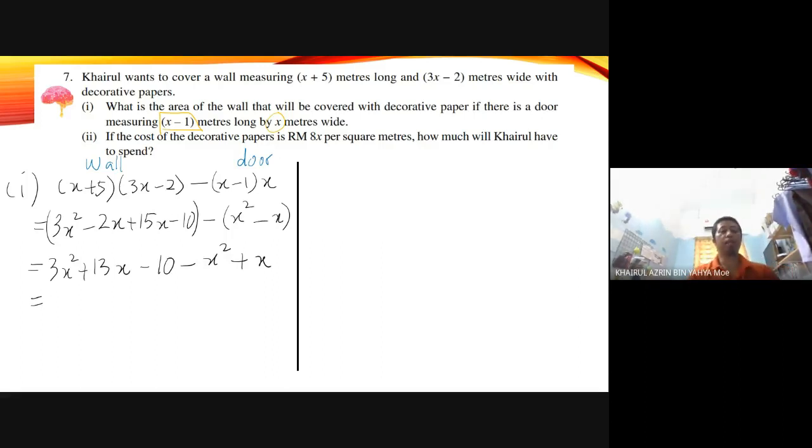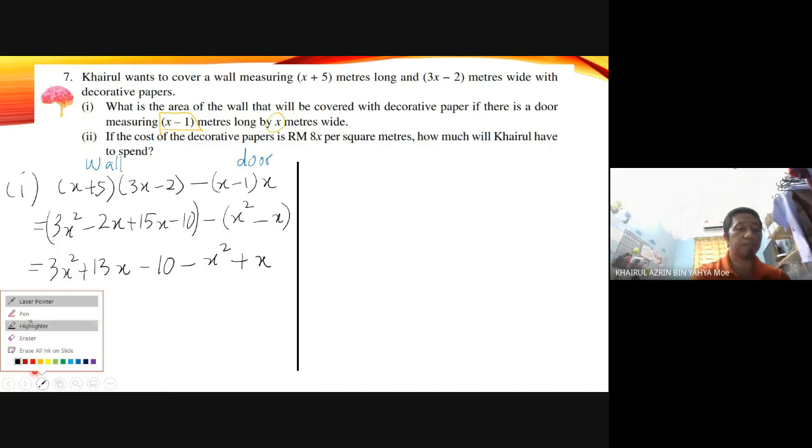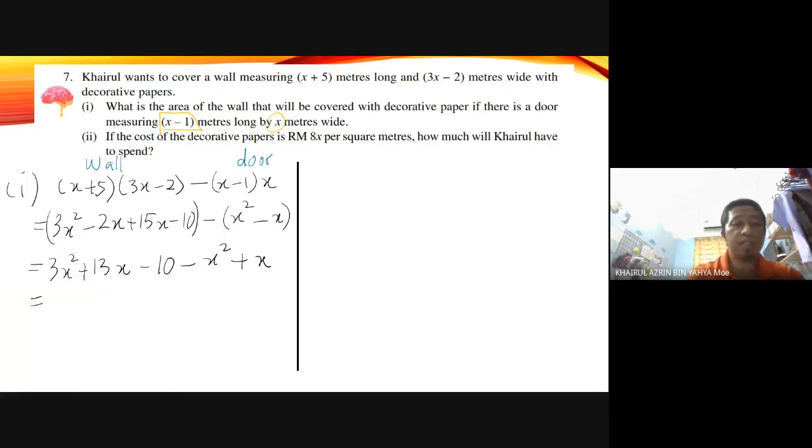Now we have 3x squared. Now what we do, 3x squared we minus with 1x squared, become 2x squared. 13x we plus with x. Let me write the answer here. 3x squared minus 1x squared is 2x squared.